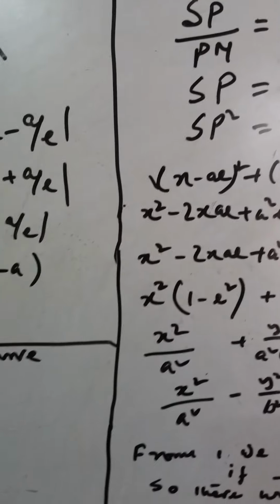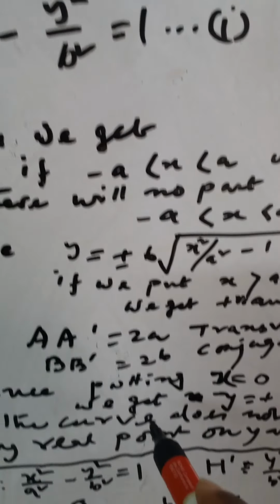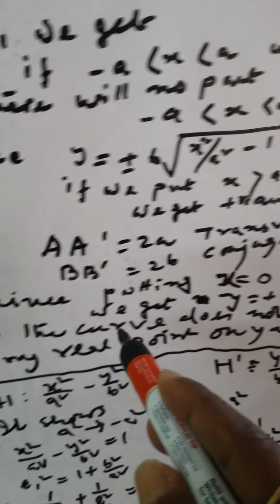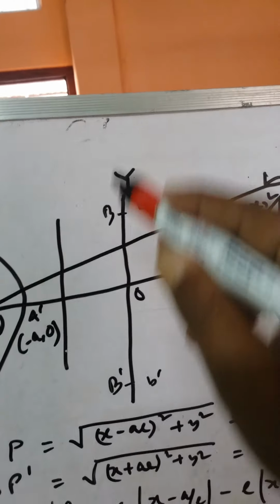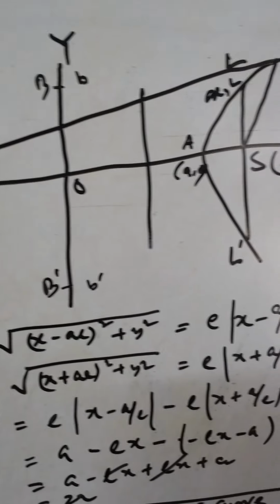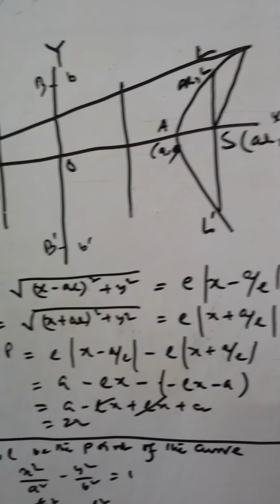But one thing, since putting x equal to 0, we get y equal to plus minus ib, so the curve does not intersect any real part of the y-axis, because if we put x equal to 0, we get y equal to ib. Ib means imaginary b.